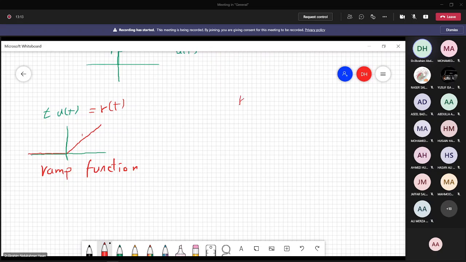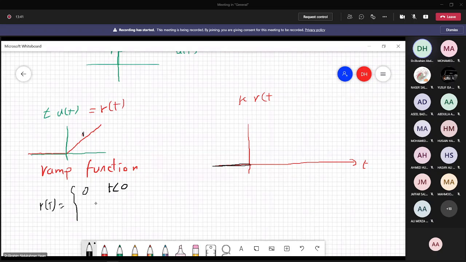If we want to find k multiplied by ramp, so k multiplied by ramp. Here it is 0, because we multiply it by k, and after 1, ramp of t is equal to 0 for t less than 0, and equal to t for t greater than or equal to 0, with a slope equal to 1.